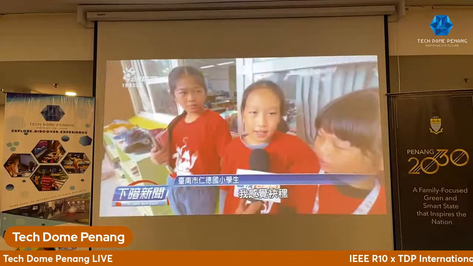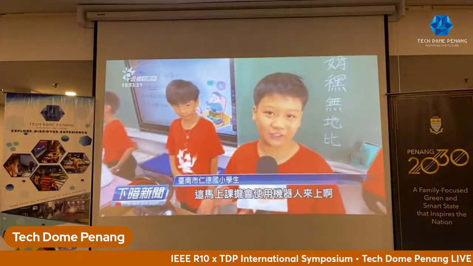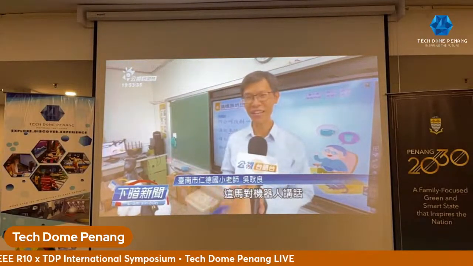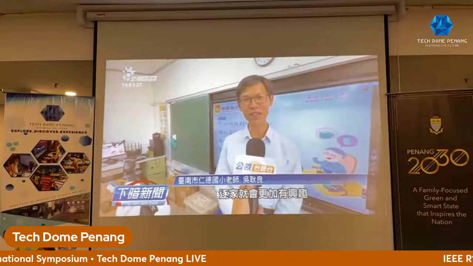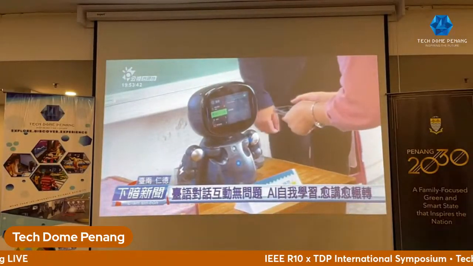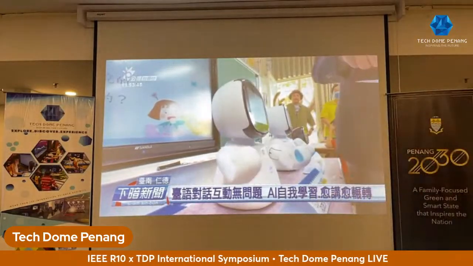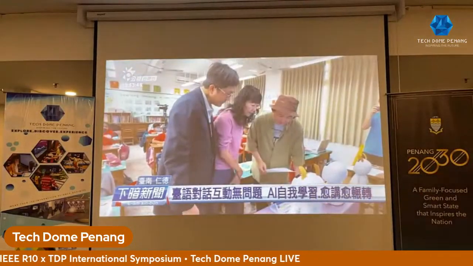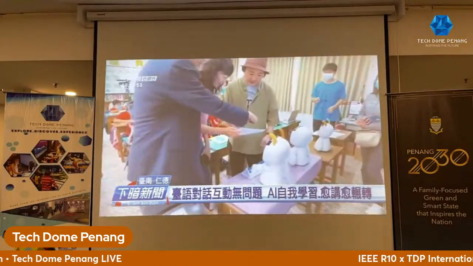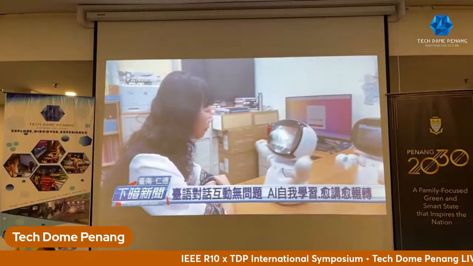So students can learn English and Taiwanese language together. So the teacher. So you can design your AI into this robot, the software with the hardware together. So the Japanese professor also went to Taiwan to do the test.